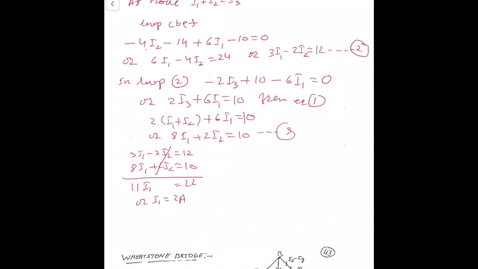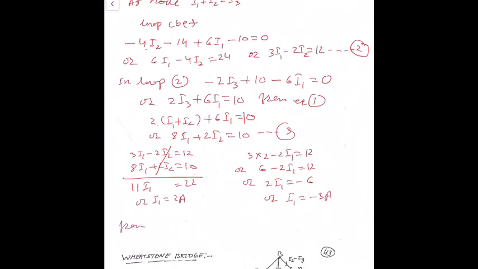On putting the value of I1 in equation 2, 3 into 2 minus 2I2 is equal to 12, or 6 minus 2I2 is equal to 12, or 2I2 is equal to minus 6, or we can write I2 equal to minus 3 ampere.